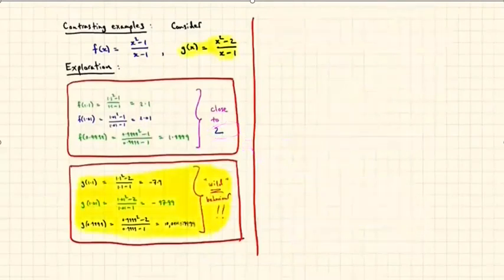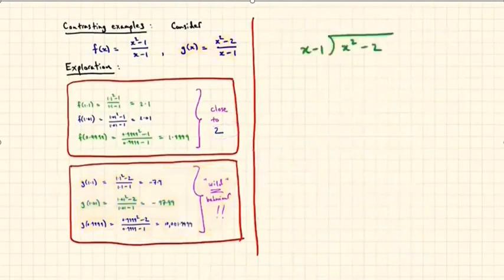So what about this wild function g? Let's try to simplify the fraction g(x) by doing a long division of polynomials, dividing x minus 1 into x squared minus 2.